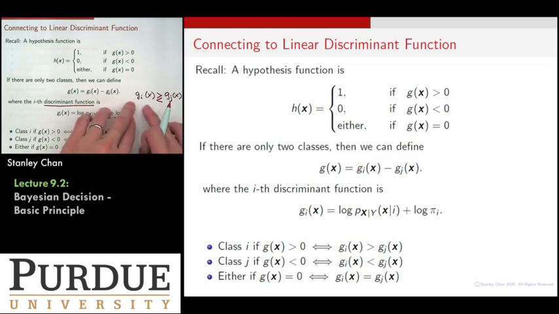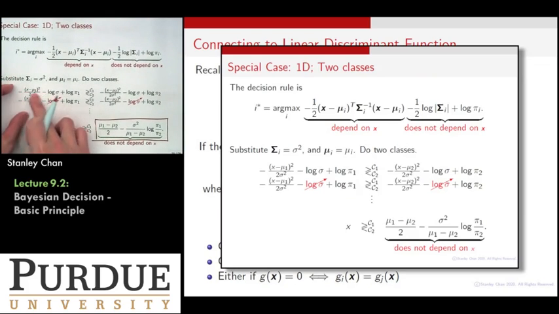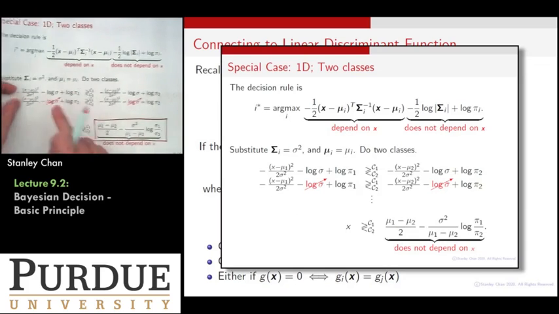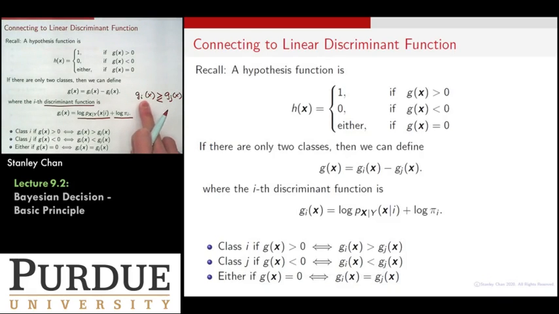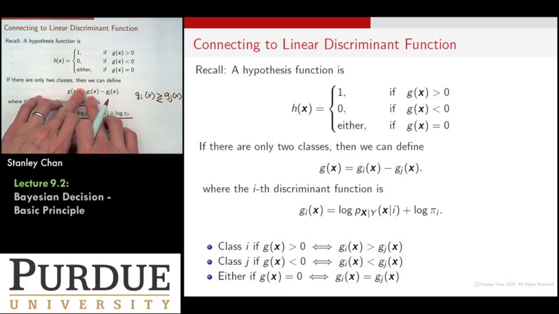Now, this is actually equivalent to what we have before. In the previous slide, you realize that on the left-hand side, you have this term here, and on the right-hand side, you have that. This is exactly your discriminant function because it's just the log of the likelihood plus the log of the prior. So now, if I follow this definition, then my decision could be a lot easier. All I need to do is to check the difference between the ith discriminant minus the jth discriminant.